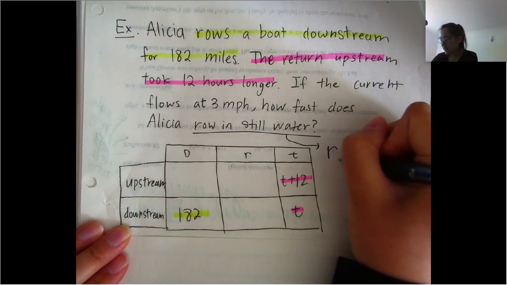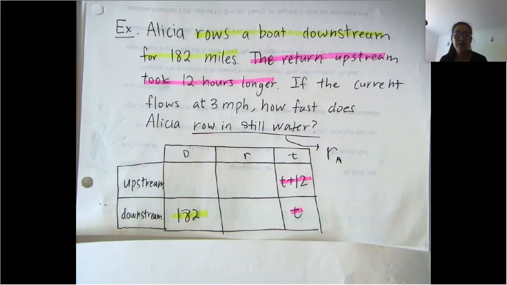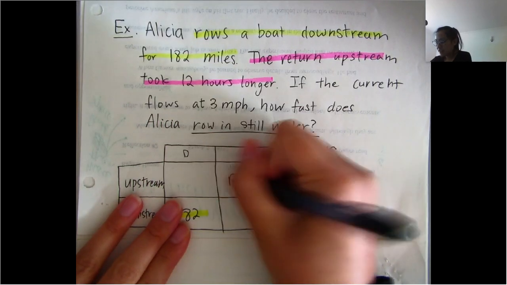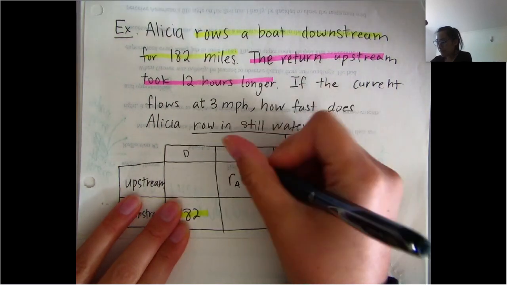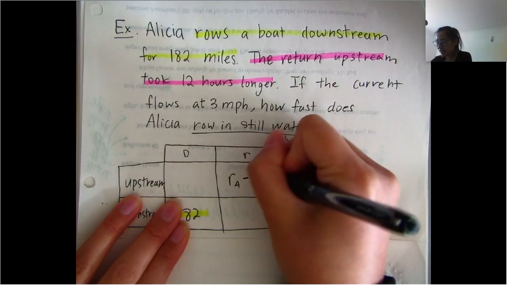So R sub A, and A is for Alicia. So if the current flows at 3 miles per hour, that would mean that when Alicia is going upstream, that's going to be making her go slower. So then you're going to subtract that from her rate. So it'll be R sub A minus 3.